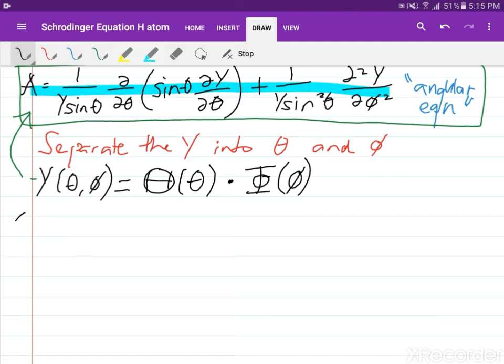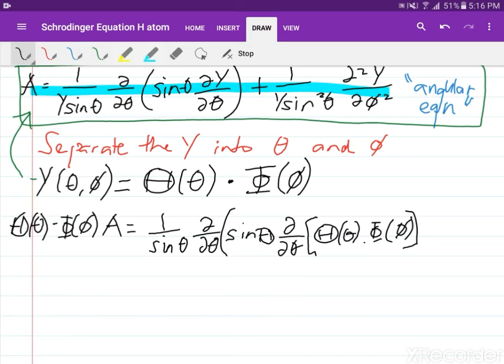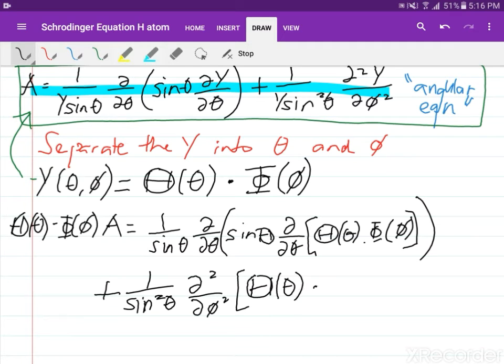So we would have times a equals 1 over sine theta, and then the partial derivative with respect to theta of sine theta times, plus 1 over sine squared theta times the second derivative with respect to phi of, times.